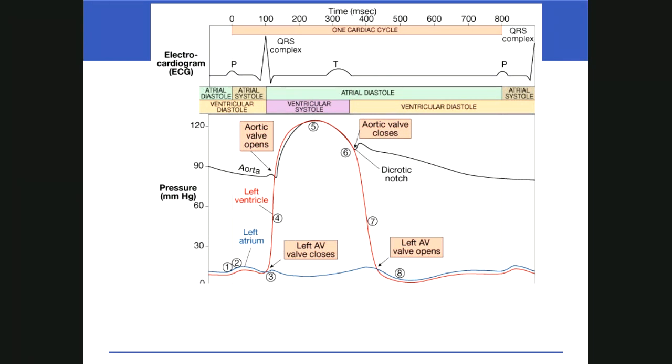So here's another thing. Remember, we have valves in the heart. Everybody remember? We're only looking at the left side again. Remember, there's going to be the left AV valve right here. And there's going to be the aortic semilunar valve right here.